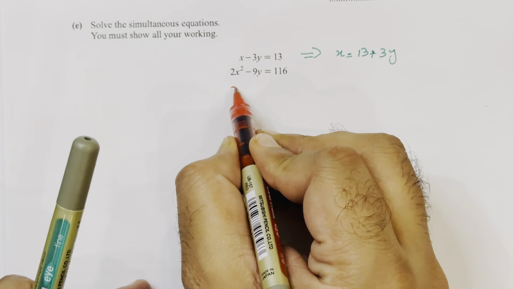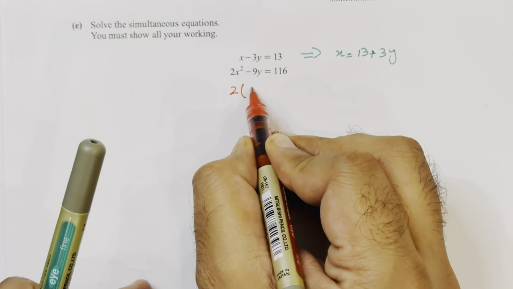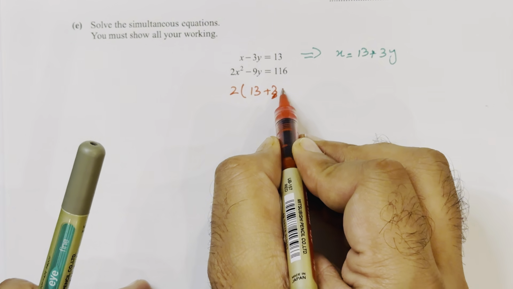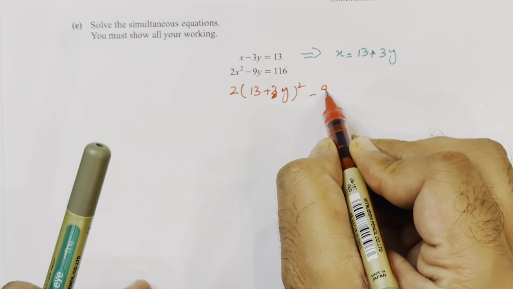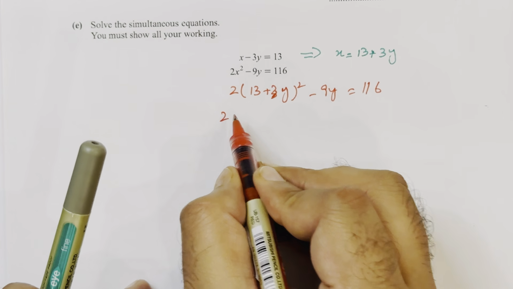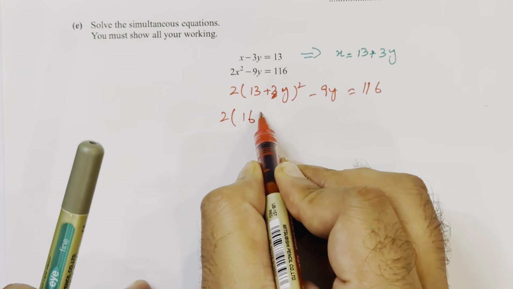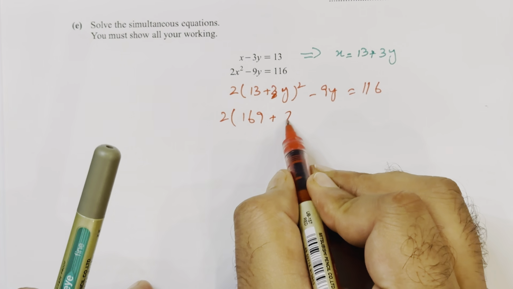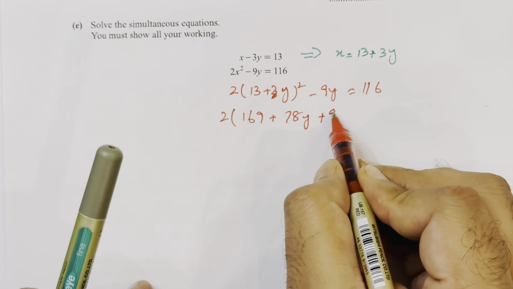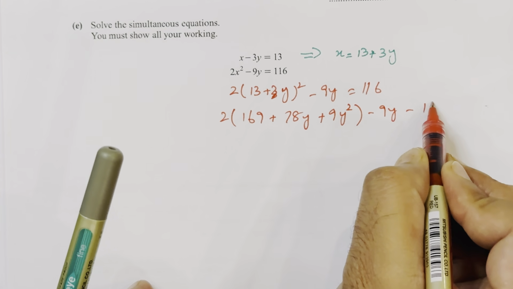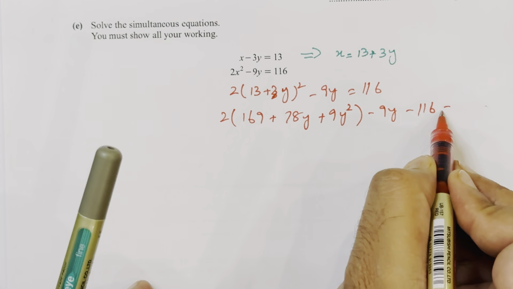After substituting the value of x, it would be like that, 13 plus 3y whole square minus 9y is equal to 116. Take the square of a plus b whole square. It would be 169 a square plus b square would be 78y, then it would be 9y square and minus 9y and minus 116 equal to 0.